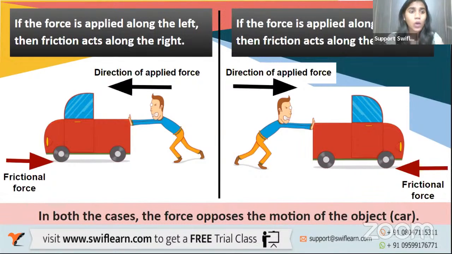It will stop rolling. Yes or no? Even if you're not going and picking up the ball, not applying any external force to the ball, after some time the ball automatically stops, right? How is it stopping? Because of the frictional force acting on the ball, and this frictional force is acting on the opposite side. Whichever side I am kicking the ball, frictional force is acting on the opposite side.